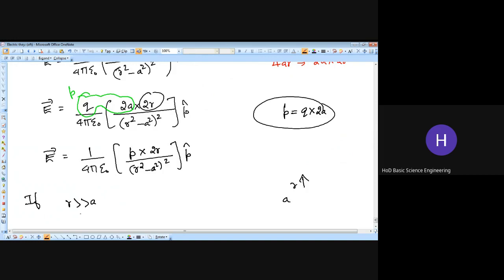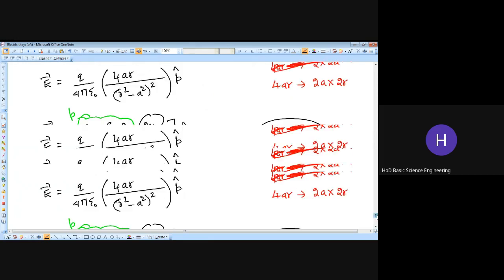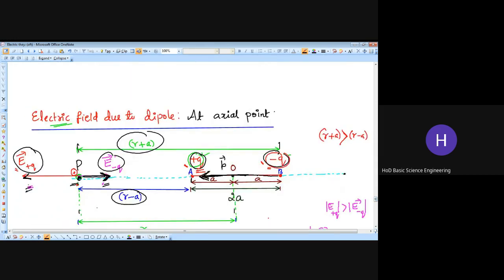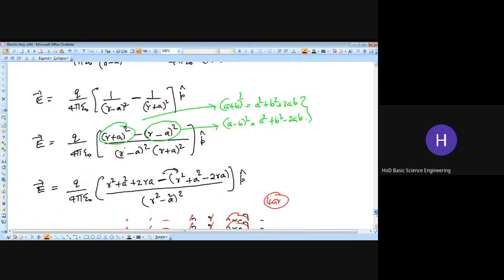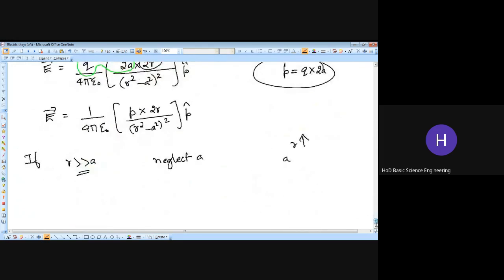If R is much greater, then you can neglect A. If you consider this point far away from the dipole, then we can neglect the length A. That means this denominator term can be rewritten.